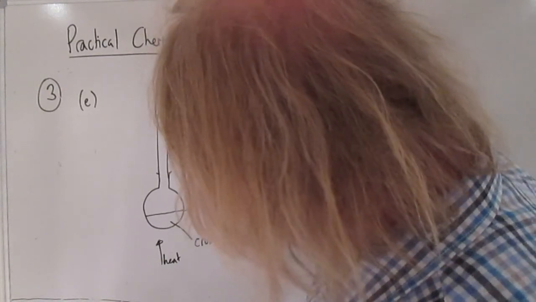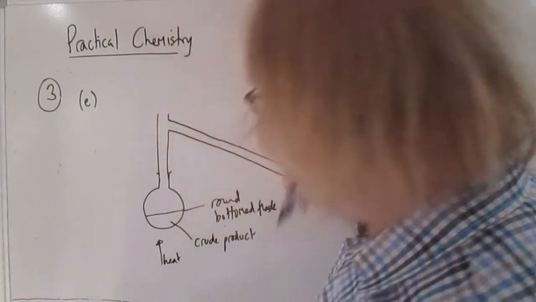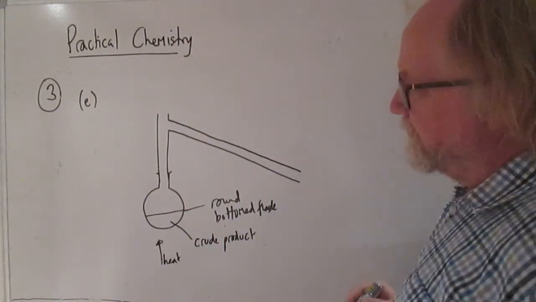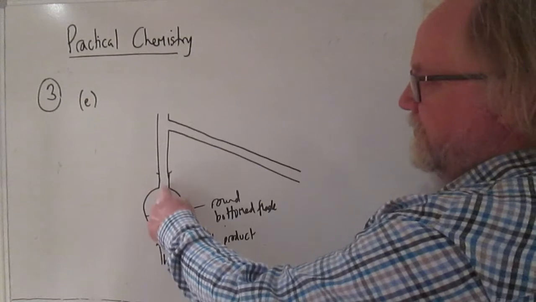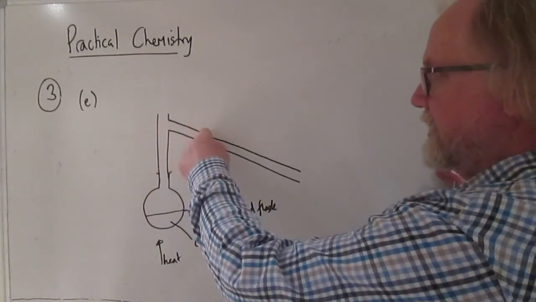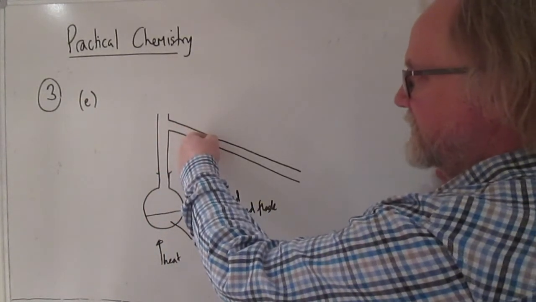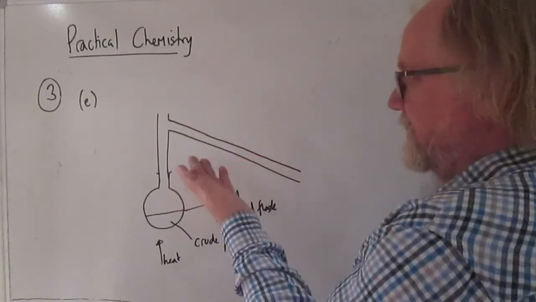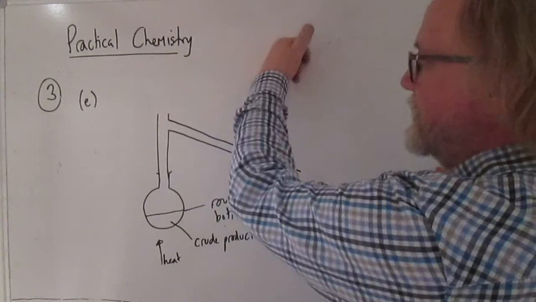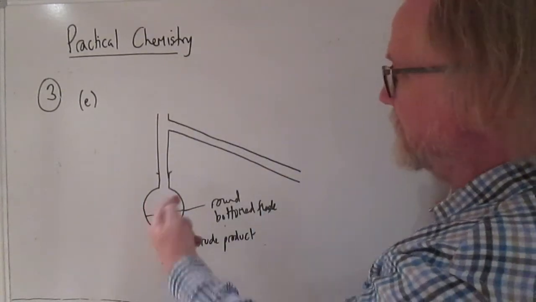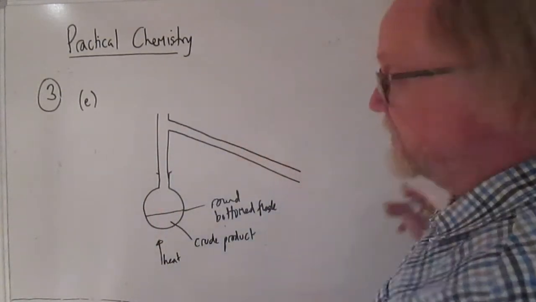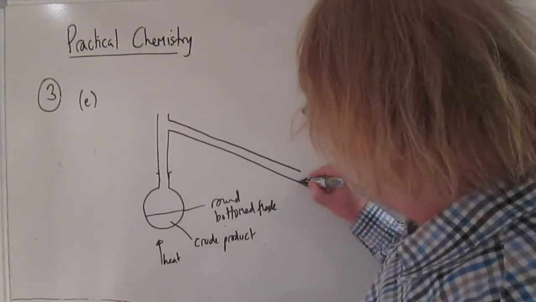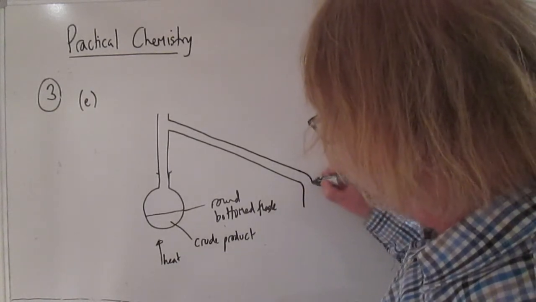Make sure it's angled downhill, because if you think about it, what you're going to get your vapour to do is to come up here, come down here and condense, and once it condenses and forms a liquid, it's got to travel downhill, because that's the way gravity will drag it. So if you have this pointing upwards, it's not going to work, it's going to roll the wrong way. So this has got to be pointing downhill. And then you usually have some kind of delivery tube on the end, which you can just draw like that.